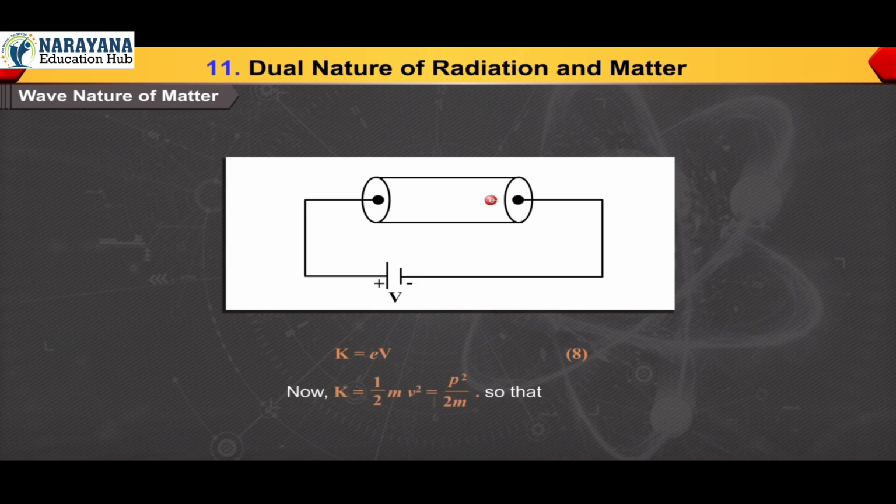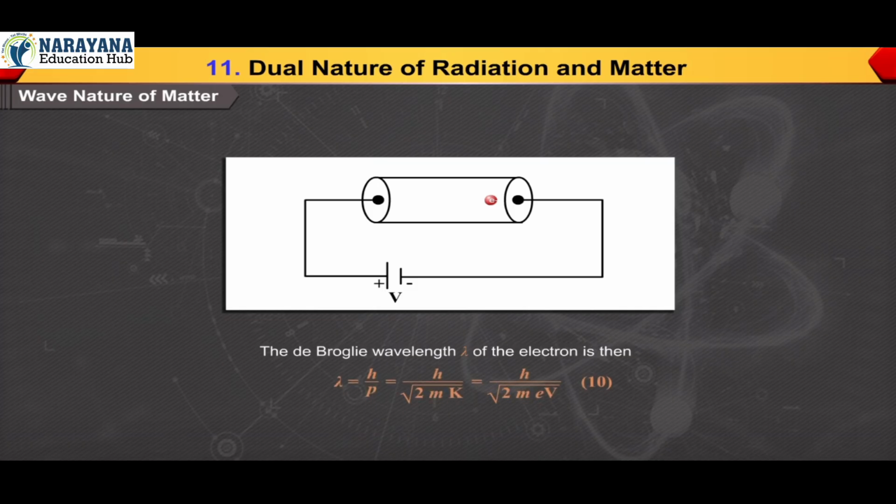Now, K = 1/2 mv² = p²/2m, so that p = √(2mK) = √(2meV), equation 9. The de Broglie wavelength lambda of the electron is then lambda = h/p = h/√(2mK) = h/√(2meV), equation 10.